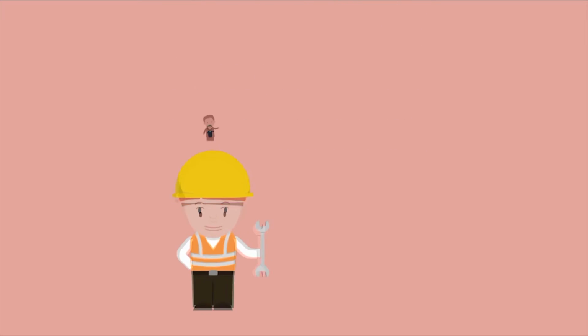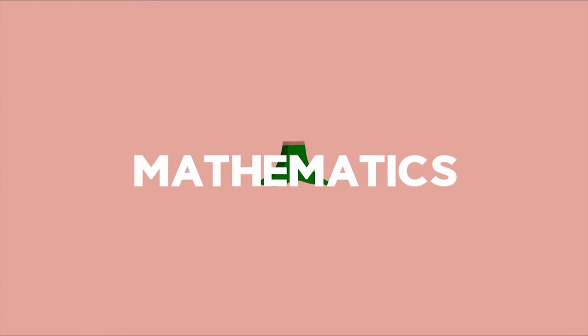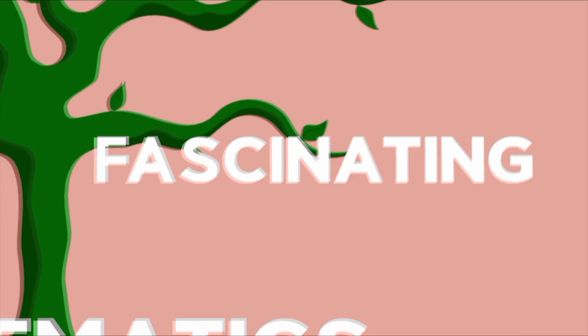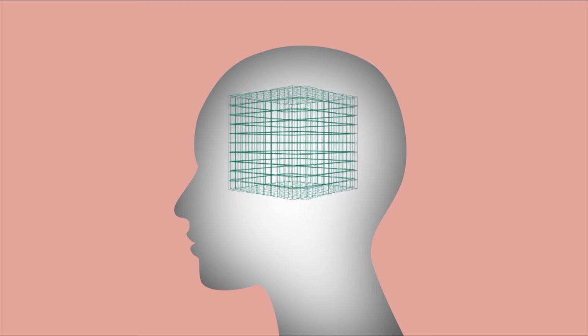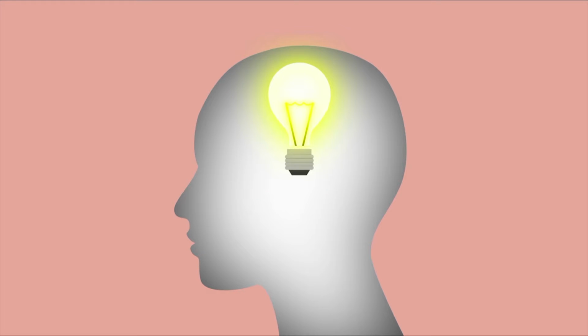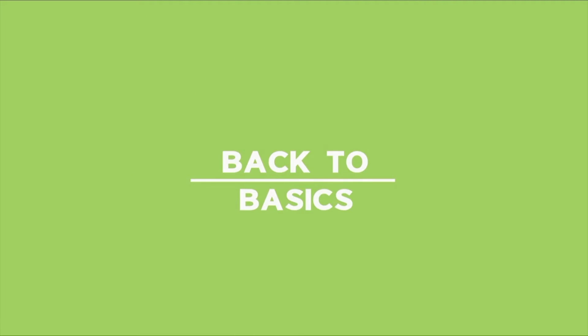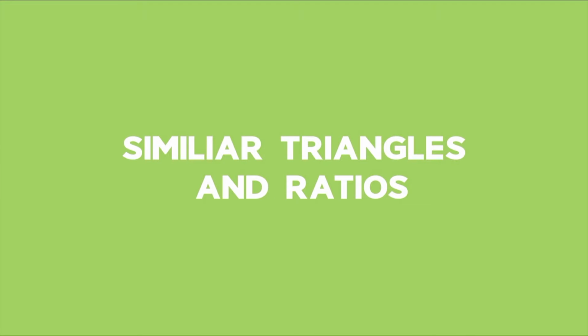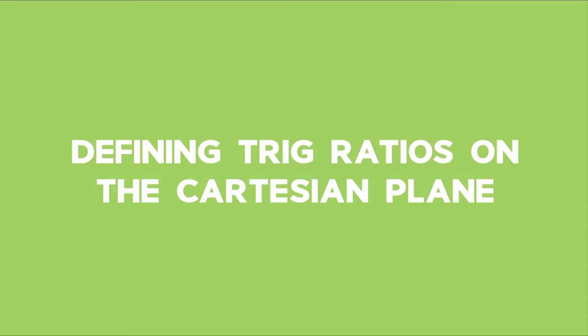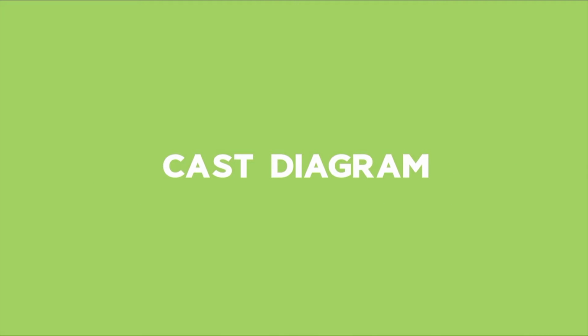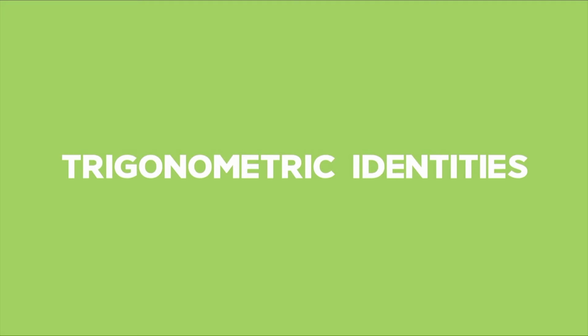Trigonometry is used extensively in many different fields. It is a branch of mathematics that is not only useful, but fascinating too. Trigonometry improves critical thinking, geometrical reasoning, and problem-solving abilities. In the 2D and 3D trigonometry module, we take you back to the basics with revision of similar triangles and ratios, trigonometric ratios, special angles, solving triangles, finding angles, defining trig ratios on the Cartesian plane, the CAST diagram, reduction formulae, trigonometric identities, and general solution.